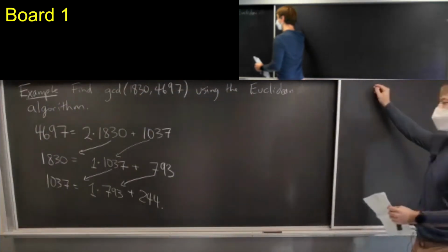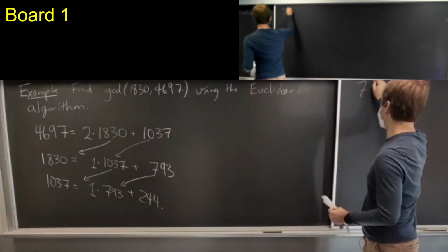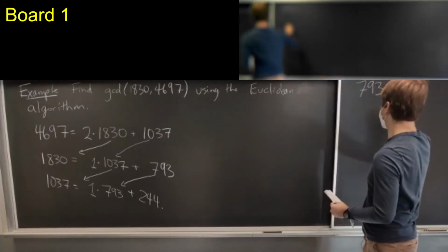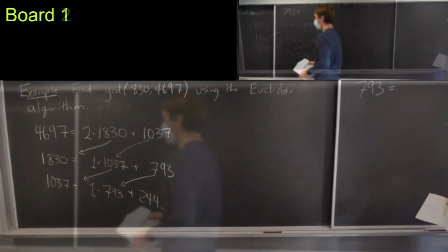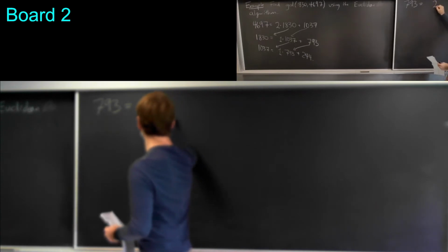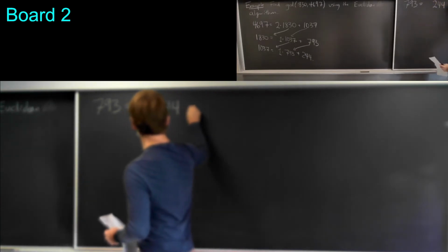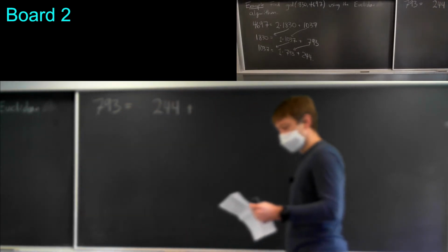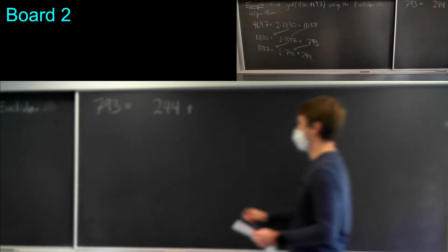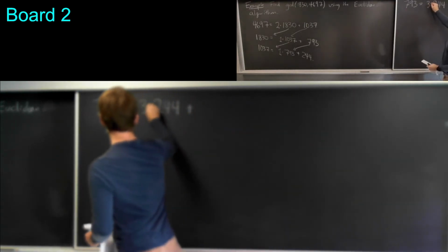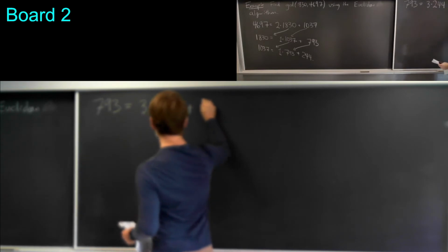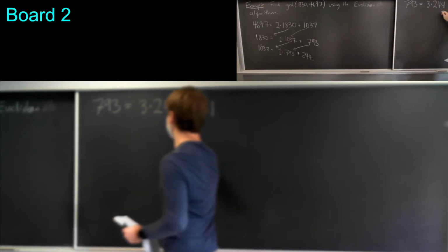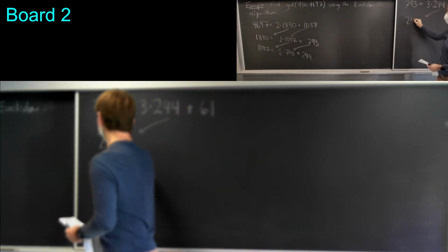So next, we take 793, which is something times 244, plus some remainder. This time I think 3 is the quotient. The remainder is 61. Then we have 244.